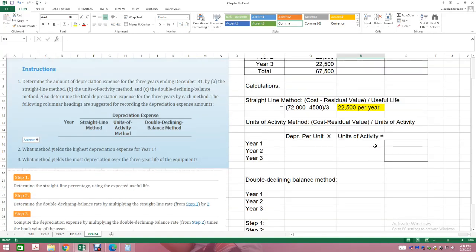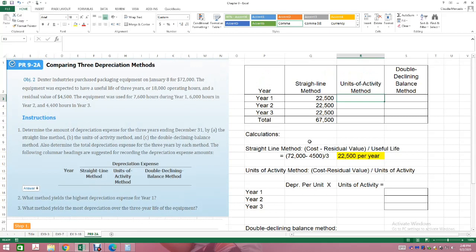Okay, here we apply actual usage. Okay, so under the straight line method, we basically estimate, and whether you use it more one month or less the other month, you're still going to get charged $22,500 depreciation expense. Now the units of activity method aligns more to actual usage.